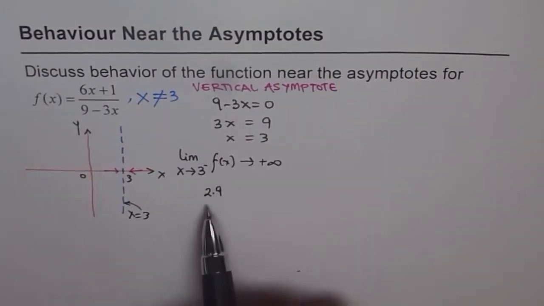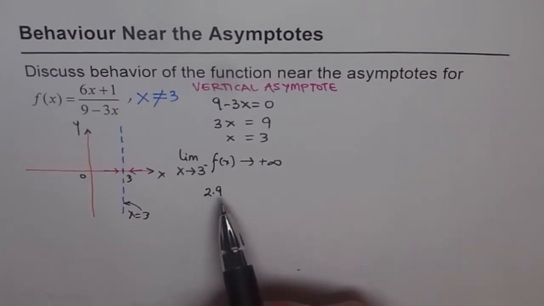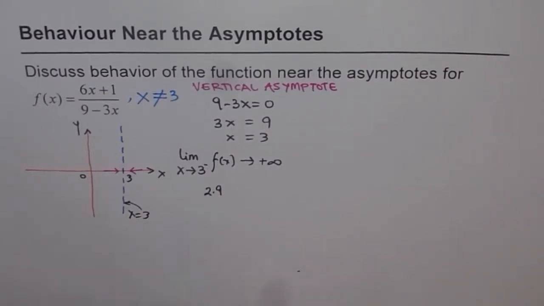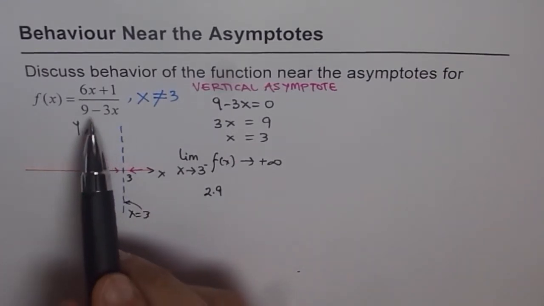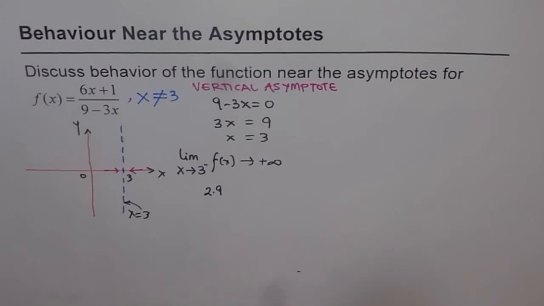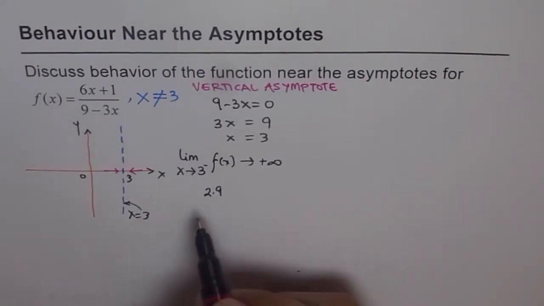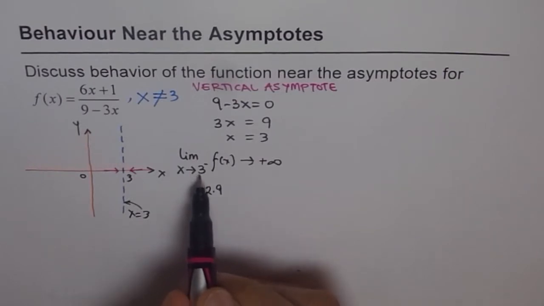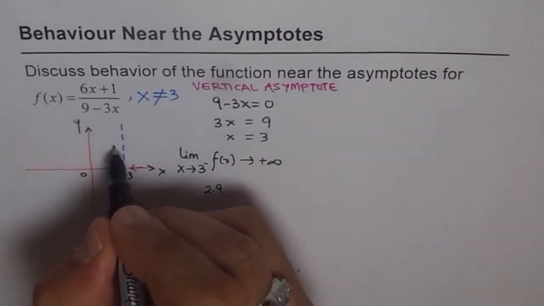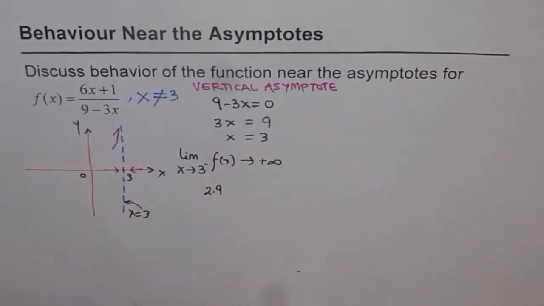I'm not really calculating this, but it could be 0.3 in this particular case. Anyway, it could be any value, it could be 2.99, giving you a positive value. We are actually interested in this sign. So what we notice is that when we are approaching from the left side, or 3 minus, then we are approaching positive infinity.